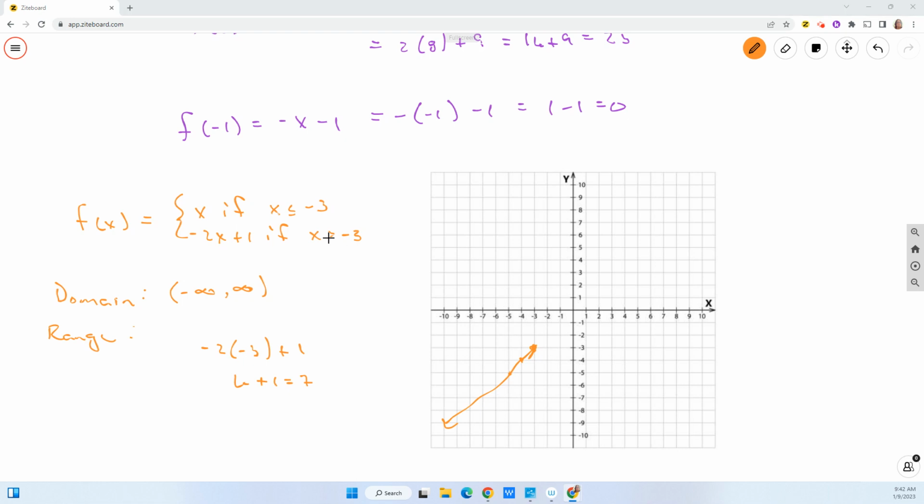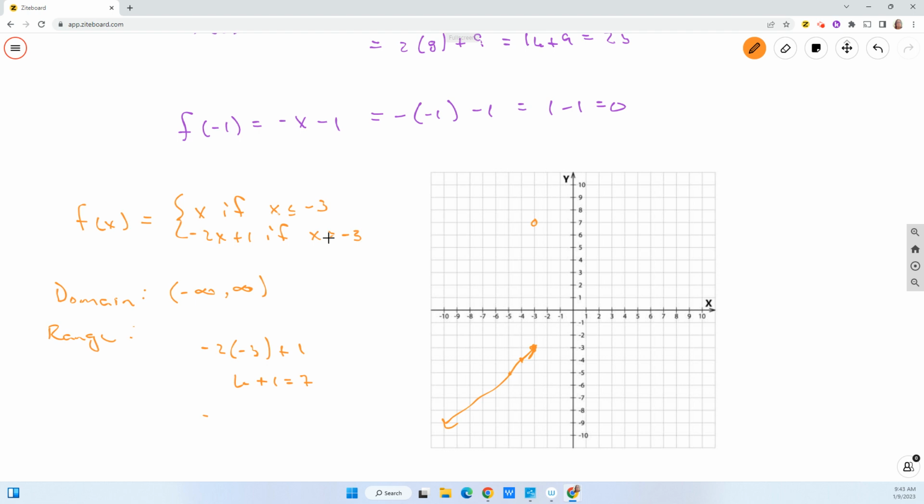So at -3, I would have 7, and it would be an open dot. Does anyone remember why it would be an open dot and not a closed dot? No, you don't. It's an open dot because it does not actually equal -3. It starts there but doesn't equal it for this equation.